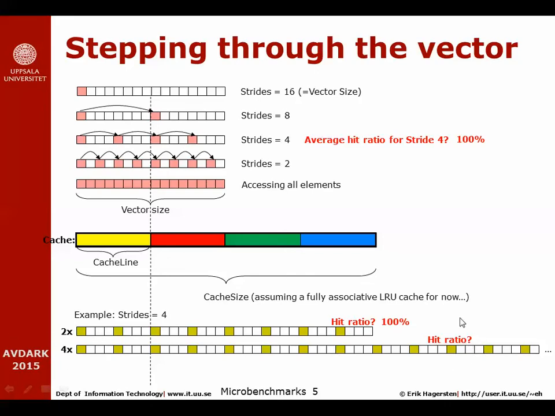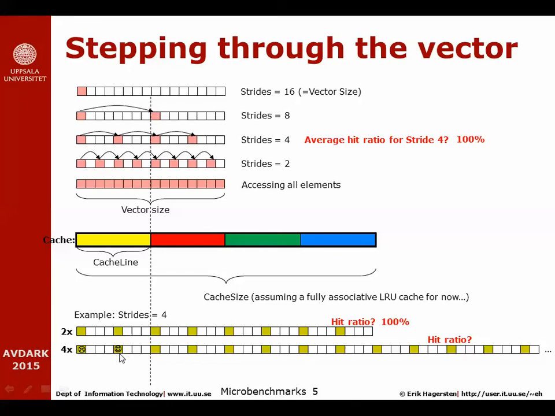So what would be the hit ratio in this example? Well, it's very tempting to say that the hit ratio would be 0% because when we come to the beginning of this vector, the yellow cache line has been thrown out. But the world is slightly kinder to us than that. The first element we access in this vector, when we go through it for the second time, will still produce a miss. But the second element will be inside the cache. So why is this? What kind of locality turns the second access into a hit?